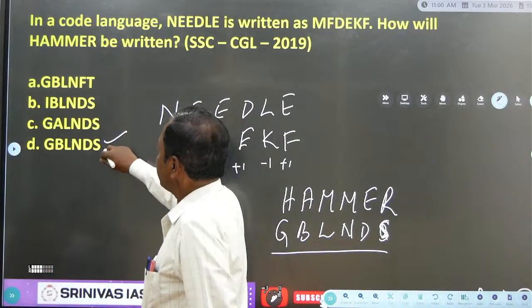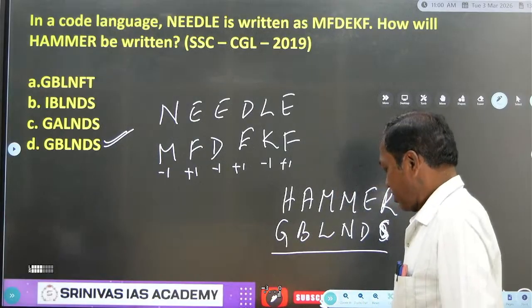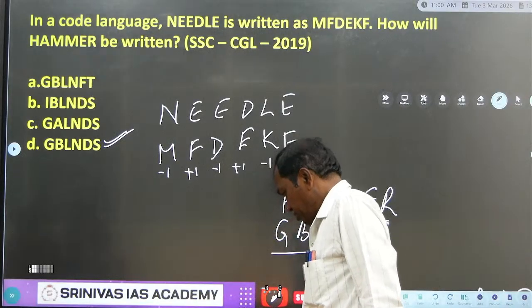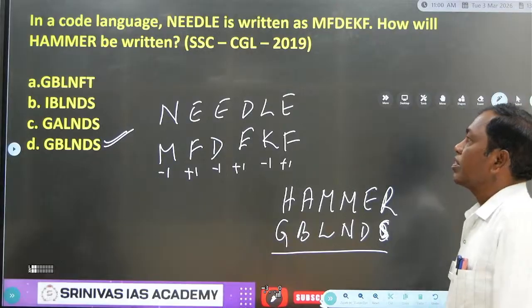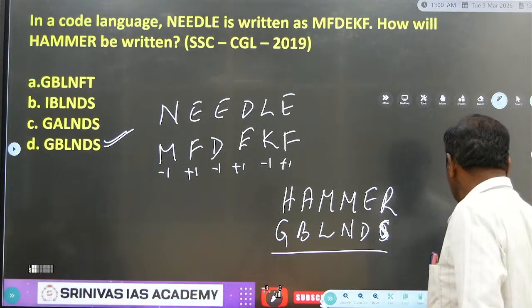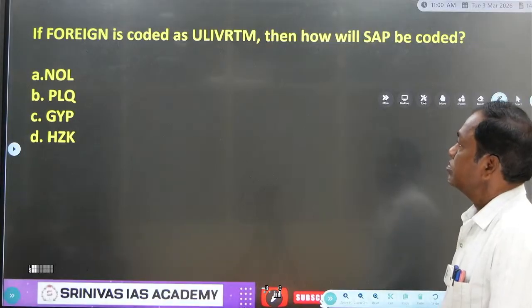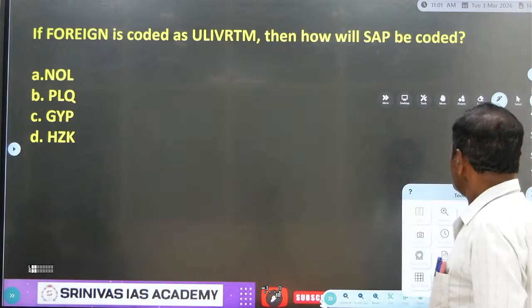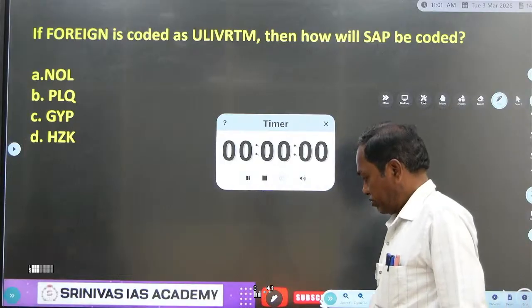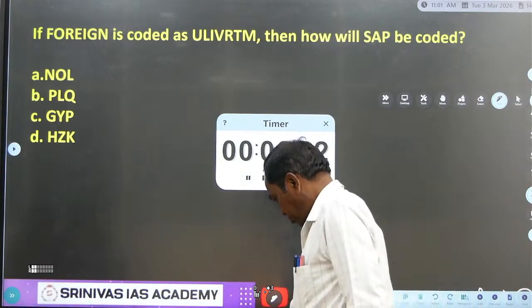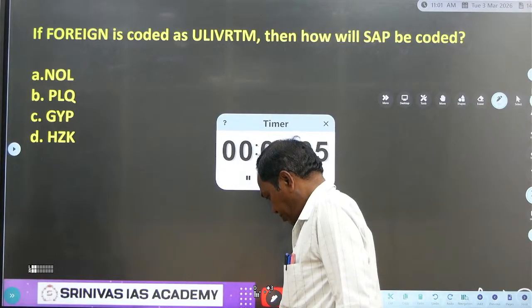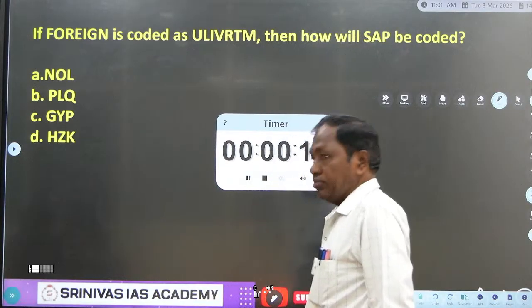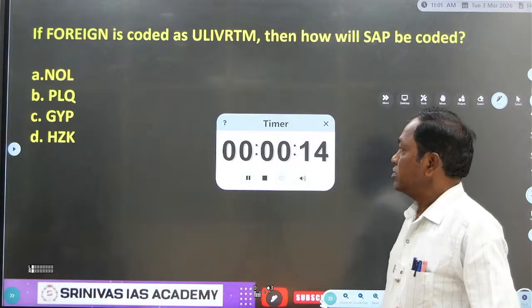GBL, NDS. Option D. Yeah, try and solve.